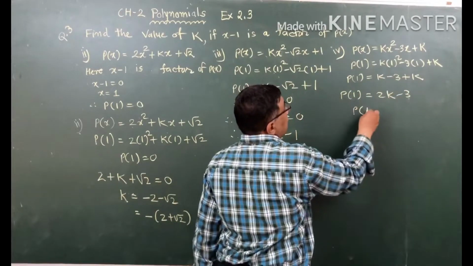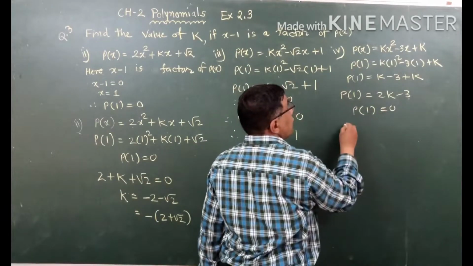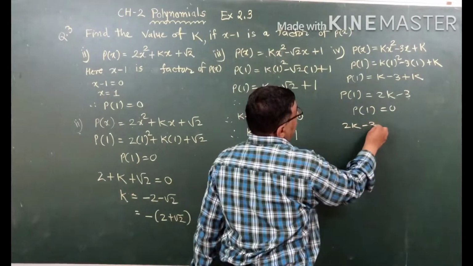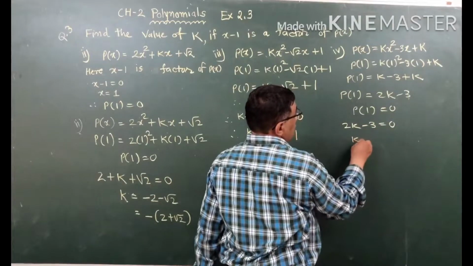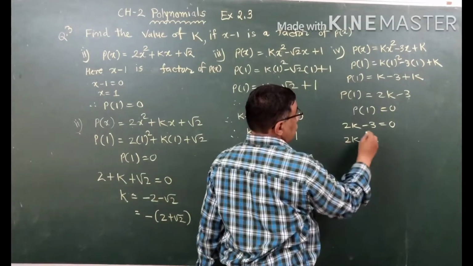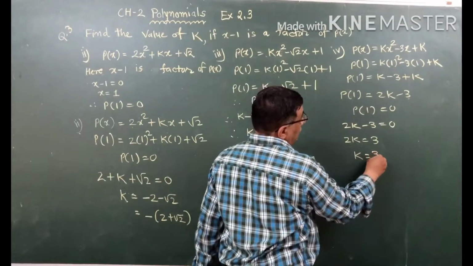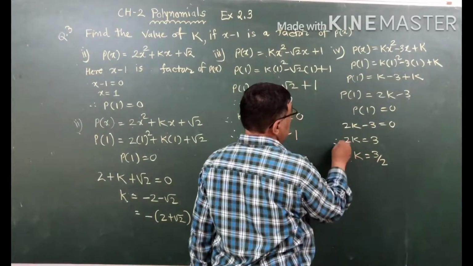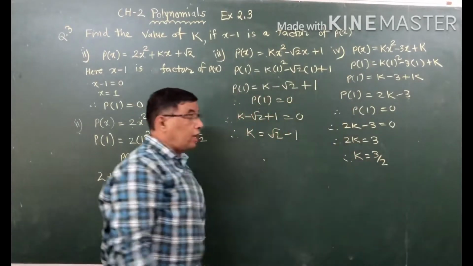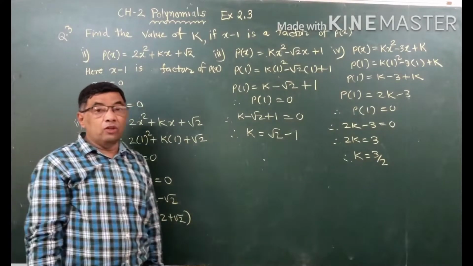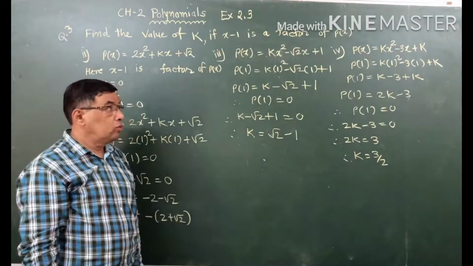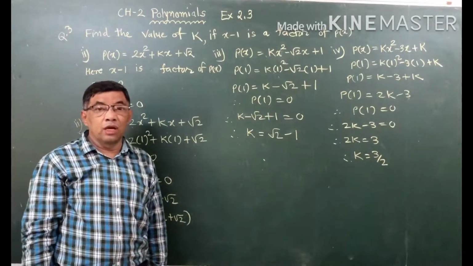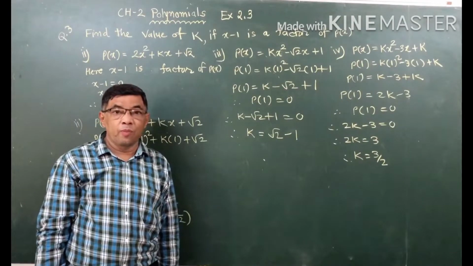But p of 1 equals 0. Therefore 2k minus 3 equals 0, therefore 2k equals 3 and k equals 3 by 2. So in this sum we are getting k equal to 3 by 2.